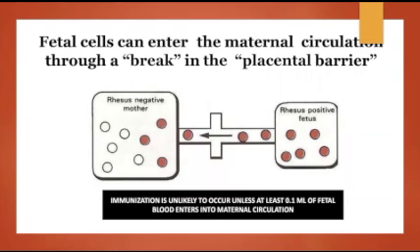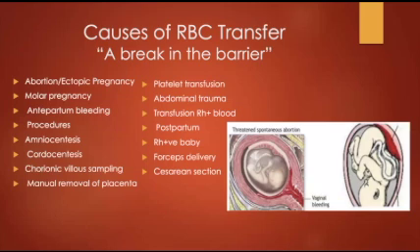It can be during pregnancy, during abortions, or during deliveries. Even a little amount of fetal blood, like 0.1 milliliter, entering into maternal circulation can cause hemolytic disease of the fetus.